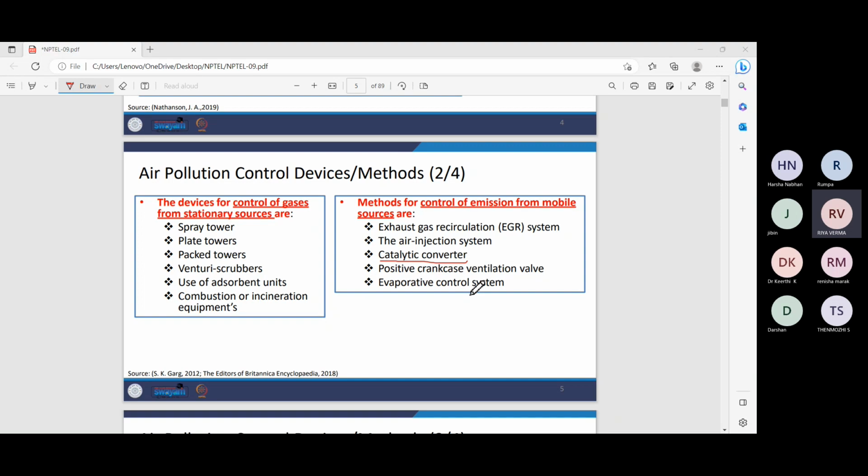There's one device that has been patented a few months back, which can be used in the tailpipe. What it does is it charges the finer particles being emitted from the tailpipe, and they get charged up and attract the larger particles. So there is some amount of coagulation happening there. That is how this particulate matter gets removed. So a catalytic converter alone can't remove the particulates. It's basically designed for gaseous emissions.